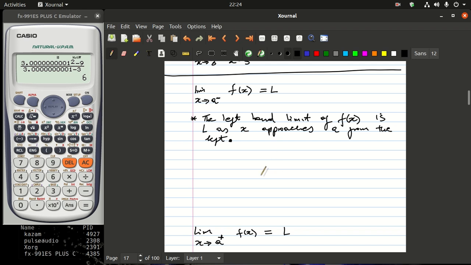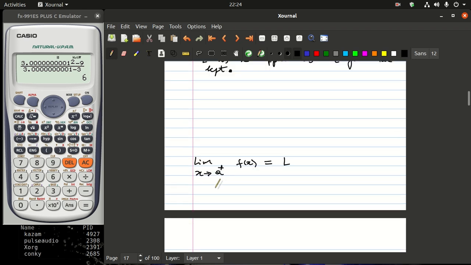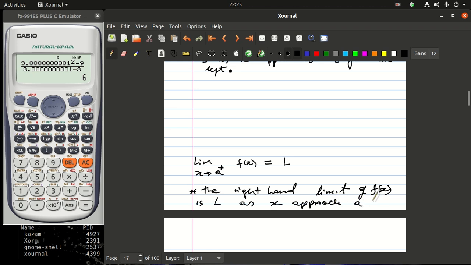And then this one here is just saying that the right hand limit of f of x is L as x approaches a from the right.